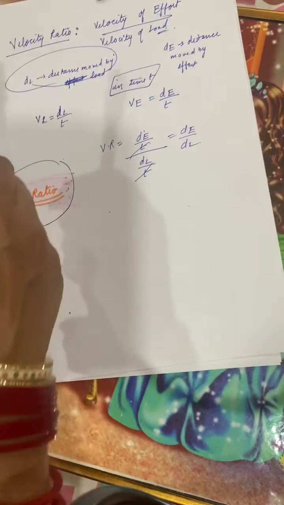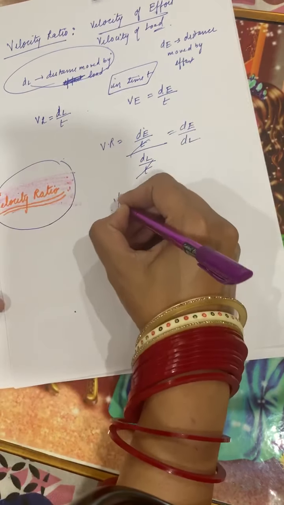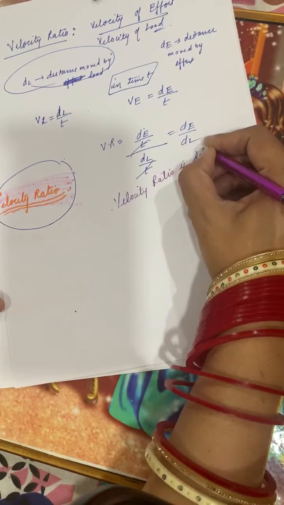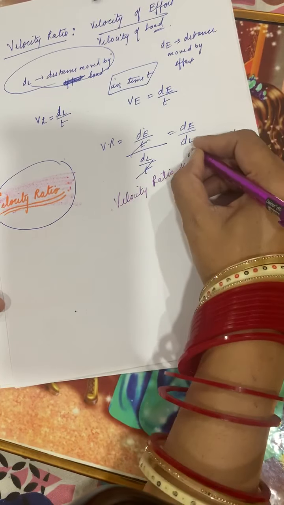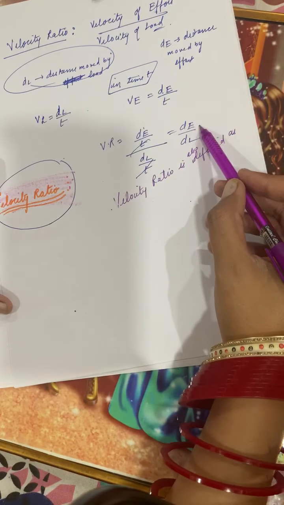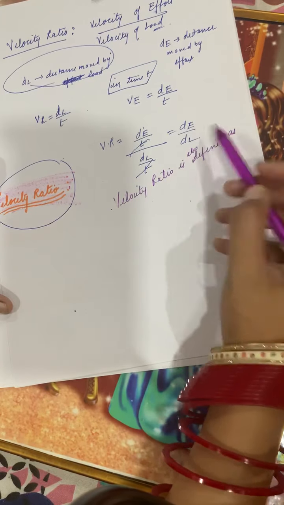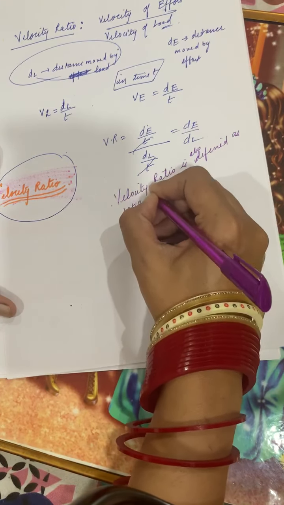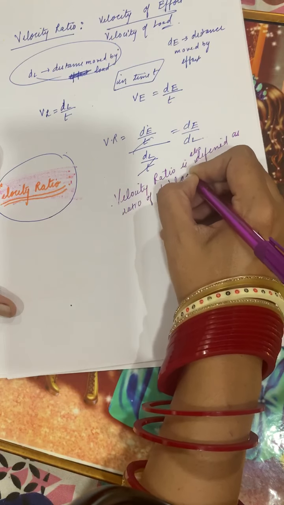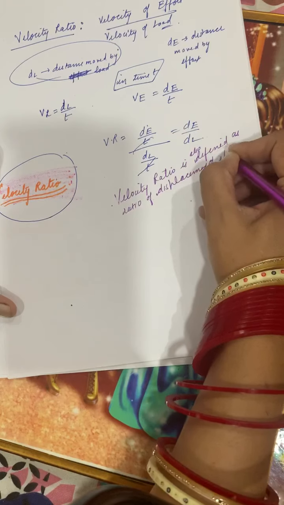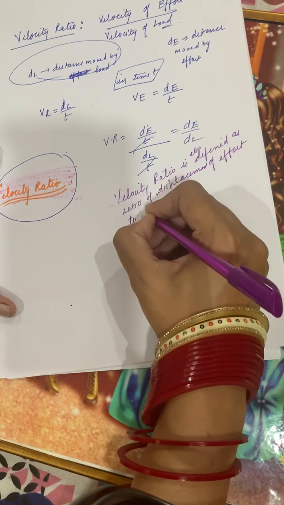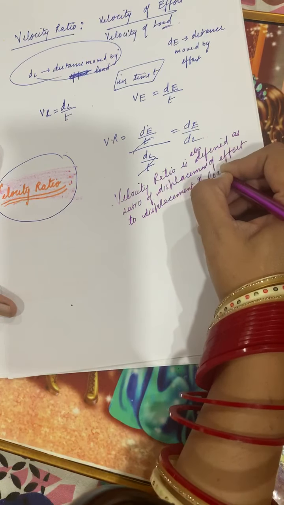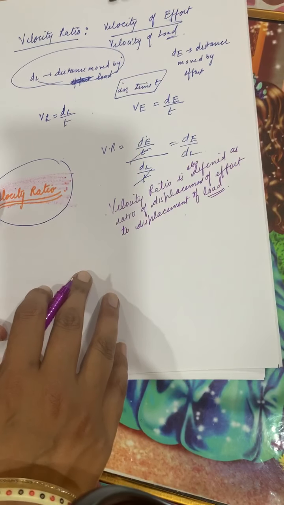So we can say velocity ratio is also defined in terms of displacement: the ratio of displacement of effort to the displacement of load.